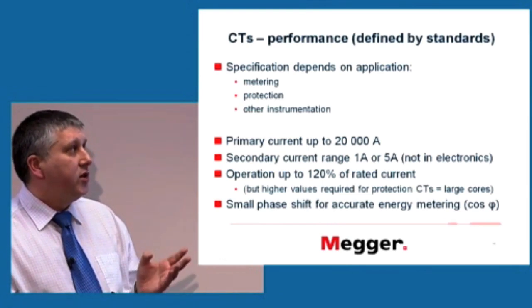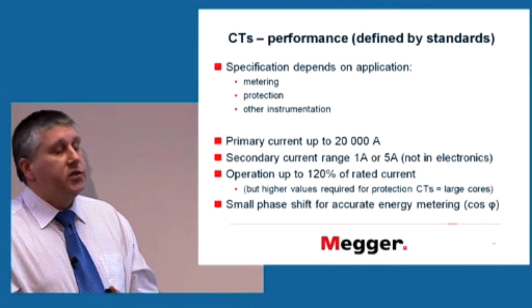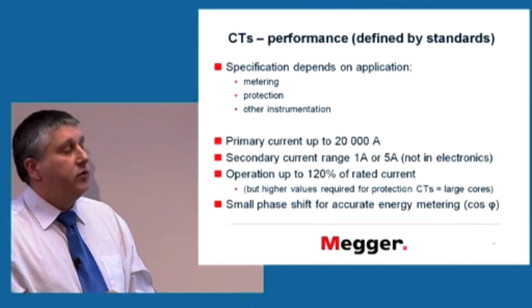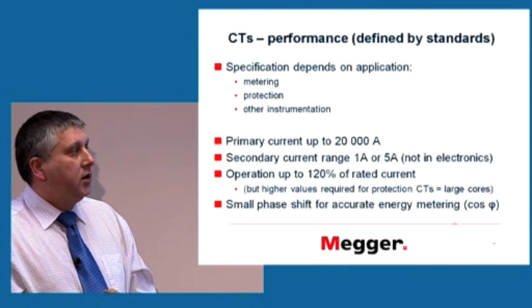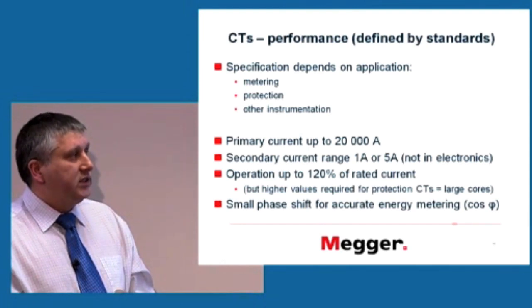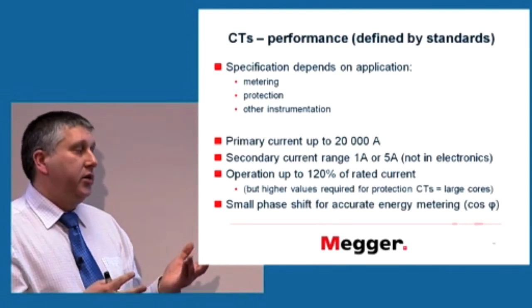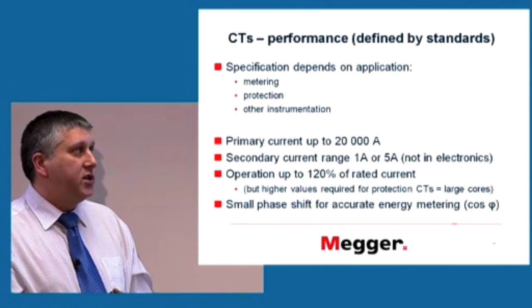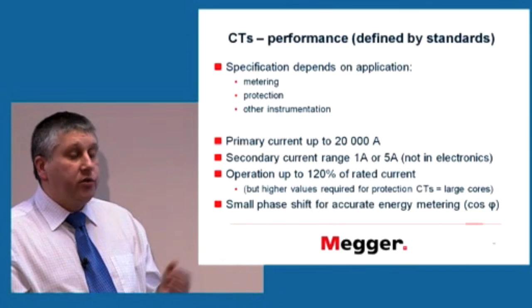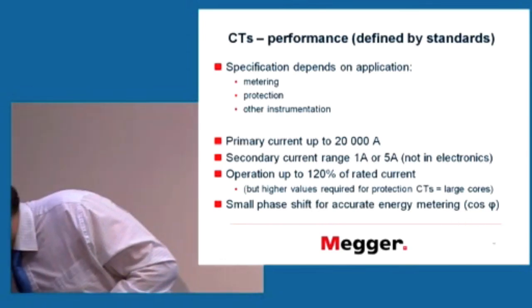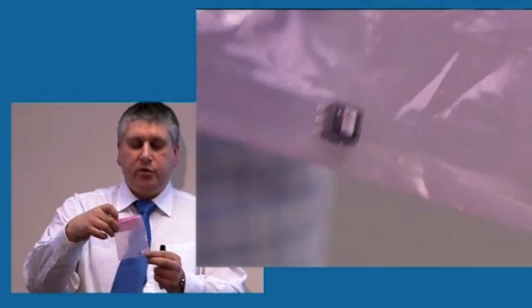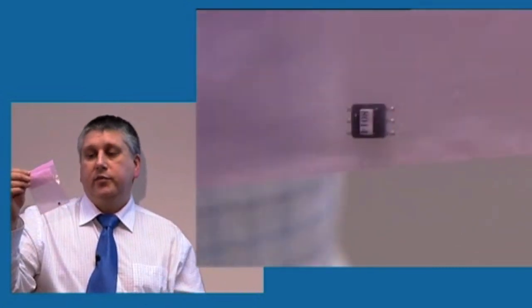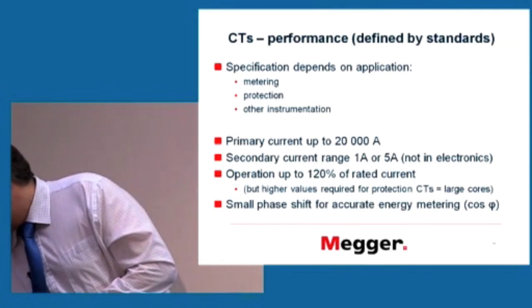The secondary current range, the standardized output, is 1 amp or 5 amp full range, and sometimes other values are required, or they just cannot be met. An example is electronics, where I just had to put it in a bag because it's so small that I would lose it otherwise. Obviously, you cannot expect to have a secondary with a 1 amp full range.